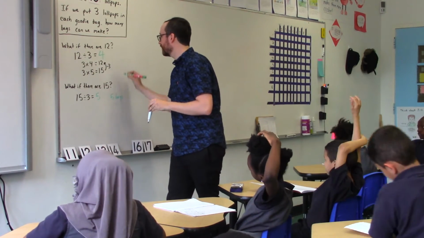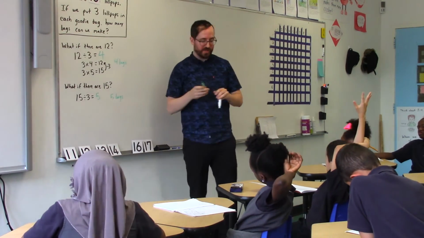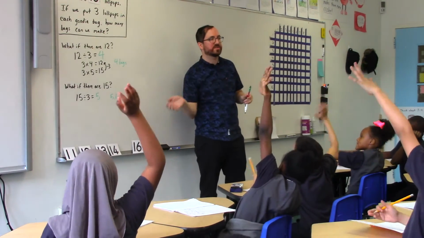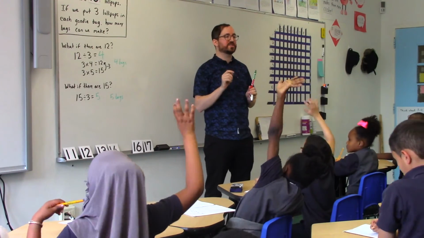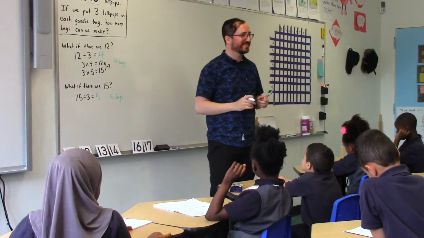I'll write that to the side too. And this one would be 4 bags. And how do we know that? Did you just know that division, or did you also use multiplication like Josh? Like Josh did. Leia, what fact did you know?